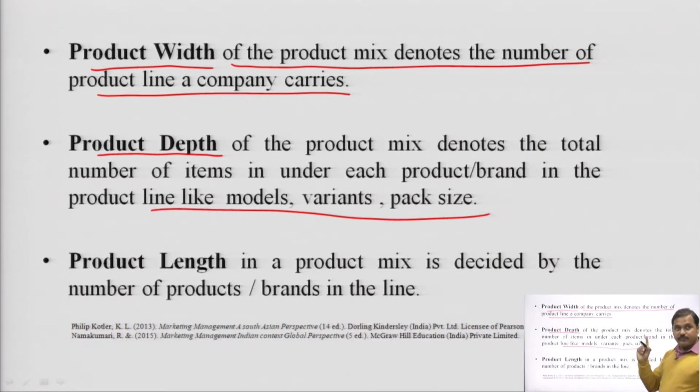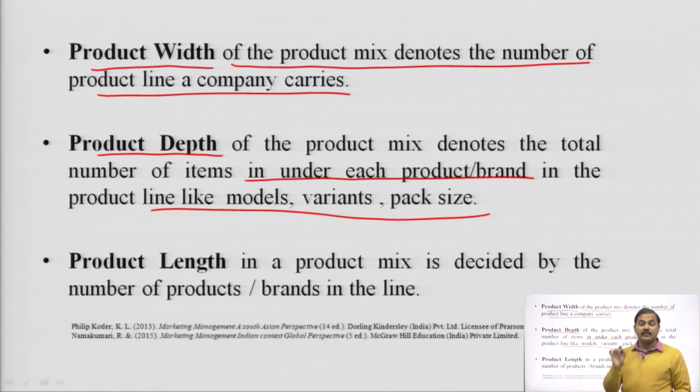What needs to be understood very importantly over here is that for every item of a particular product brand in a product line, the kind of variation we get in it is what we call the product depth.